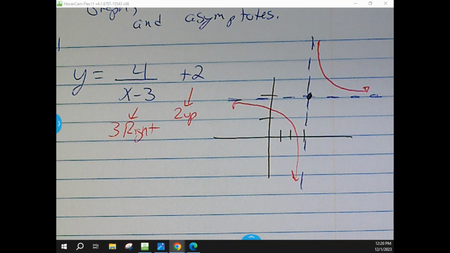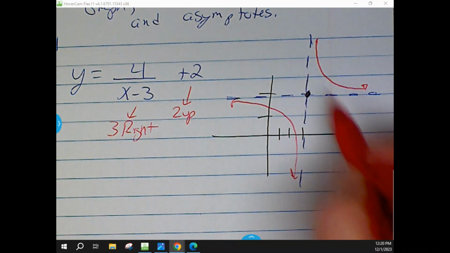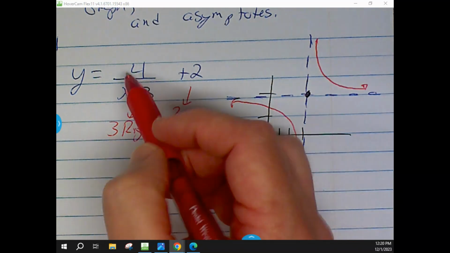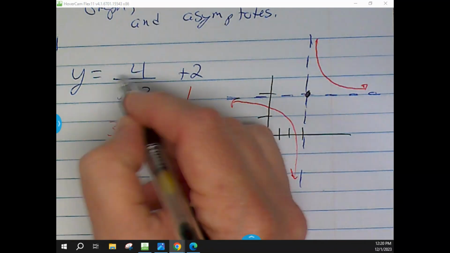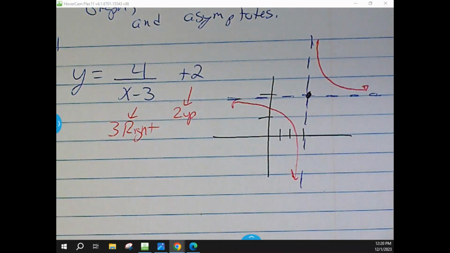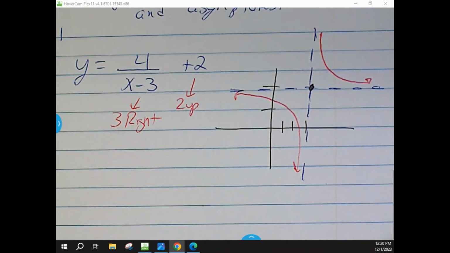That's all I'm asking you to do, just make sure you know to move it up, down, left, right. And again, if this top number is positive, it's here and here. If that had been a -4, then it would have been here and then here. Okay. Everybody okay with that graph?